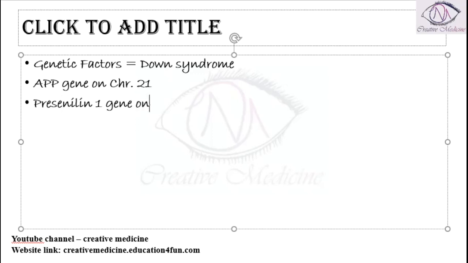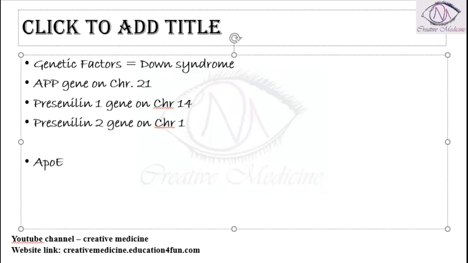Presenilin 1 gene is present on chromosome 14, and presenilin 2 gene is present on chromosome 1.